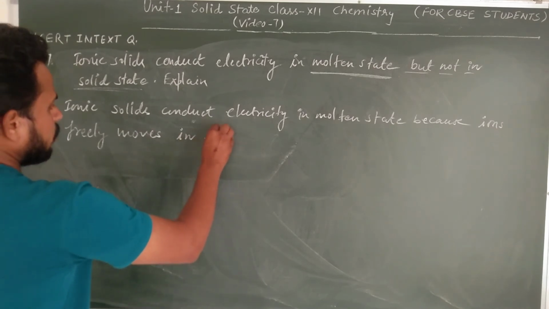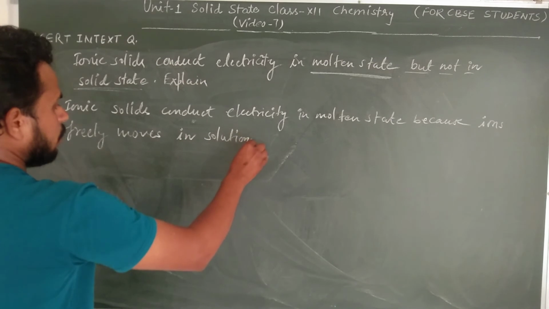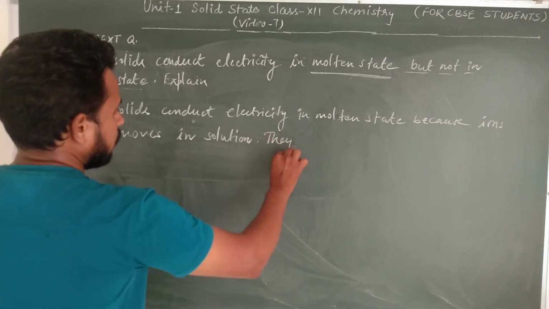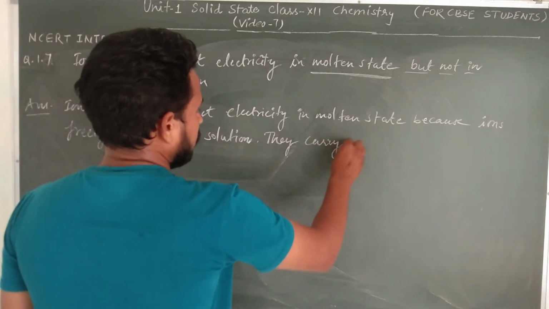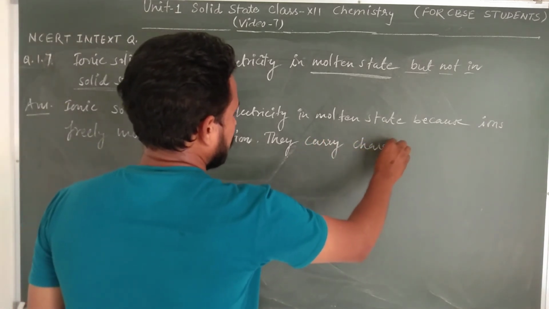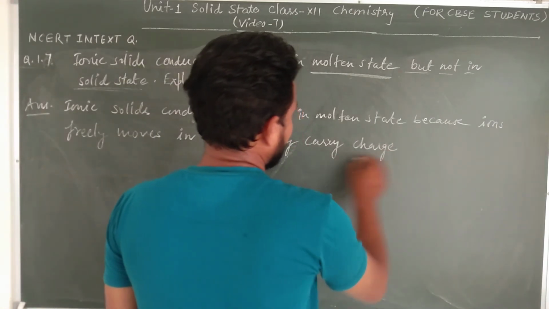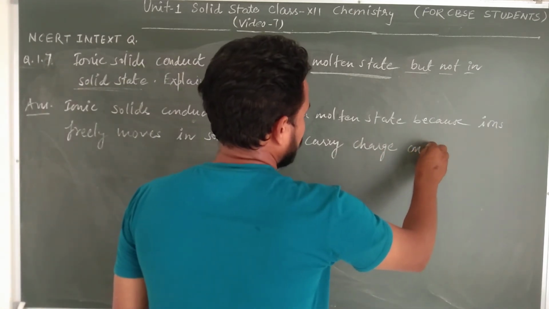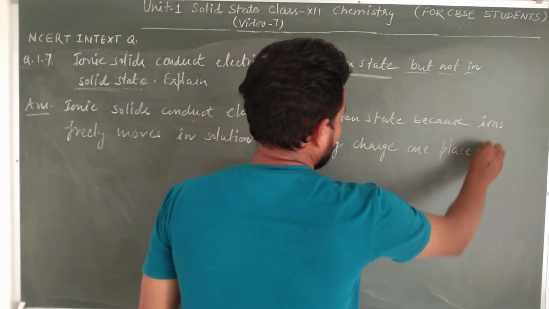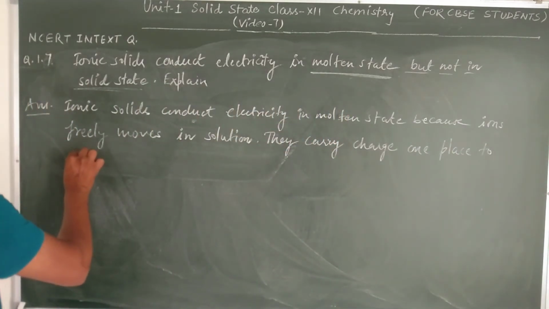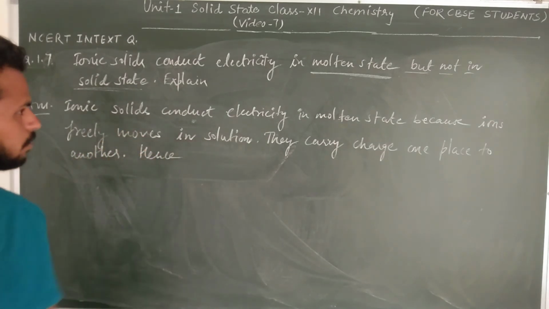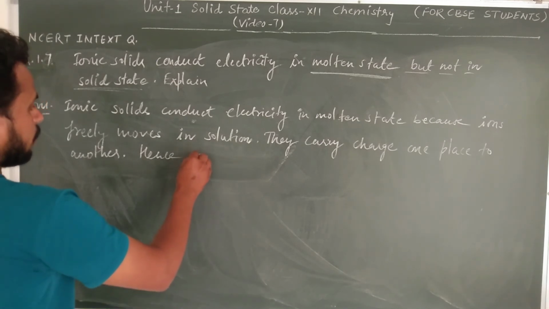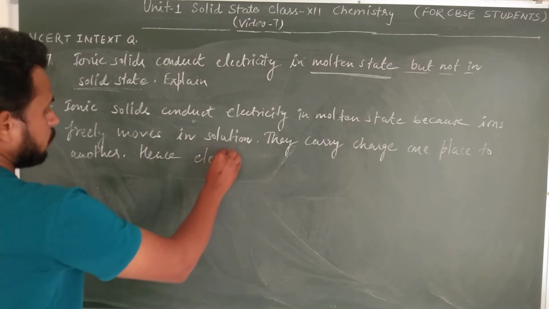Ions move freely in molten solution. They carry charges from one place to another, hence electricity is produced.